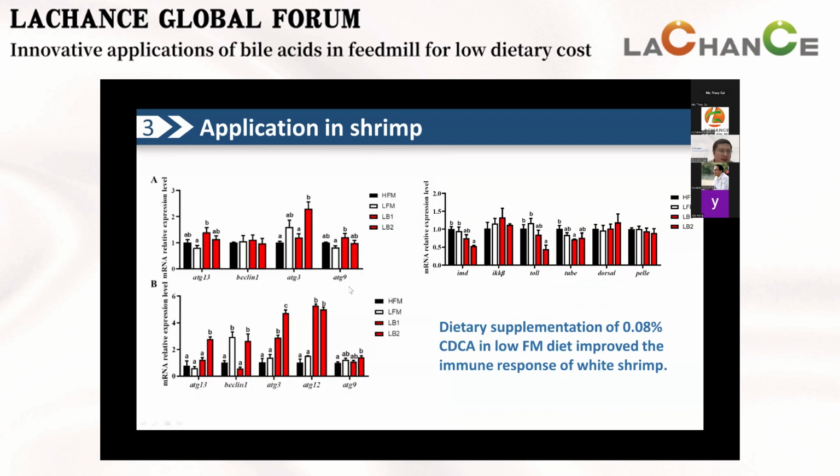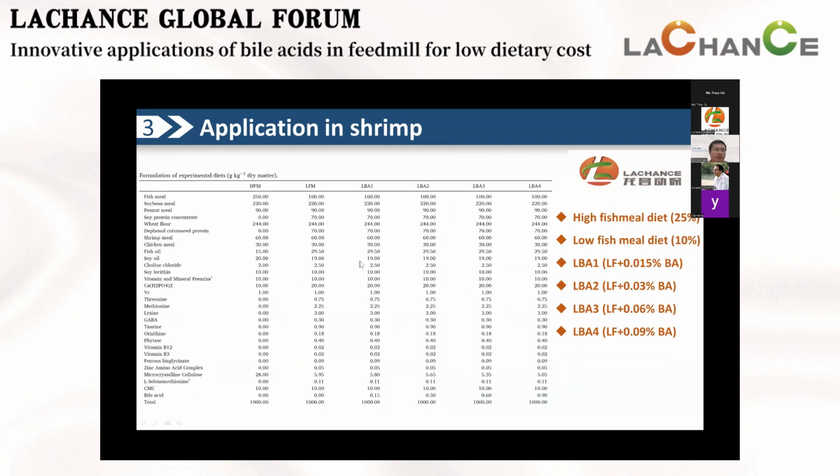And we also detected the gene expression related to the apoptosis. And we can see that the dietary supplementation of bile acids in the low fish meal diet also improved the immune response of the white shrimp. And here is another experiment in the white shrimp.